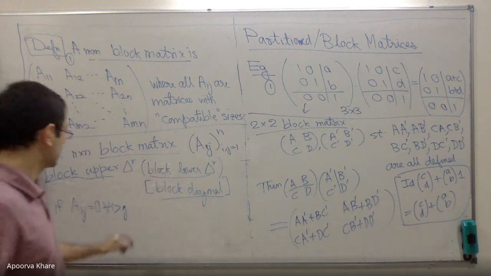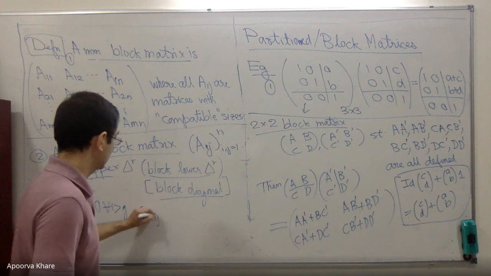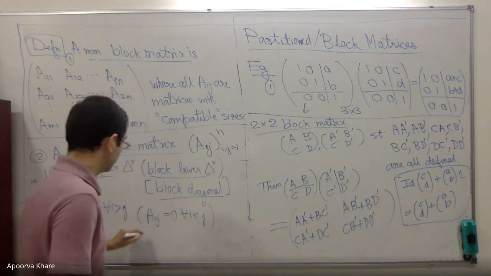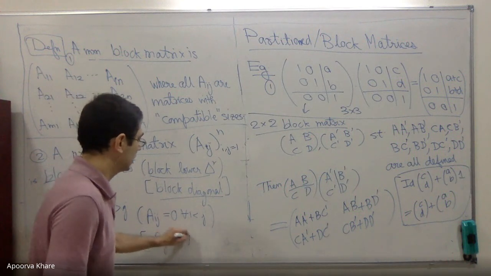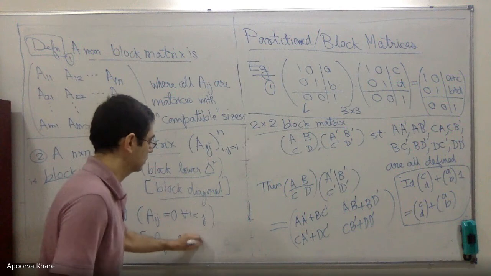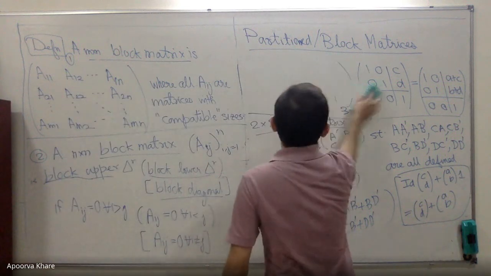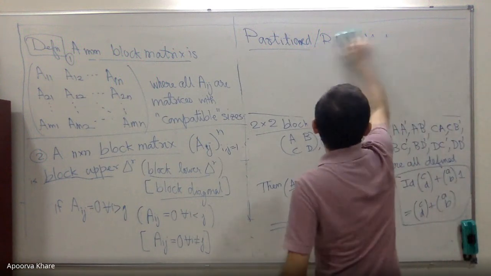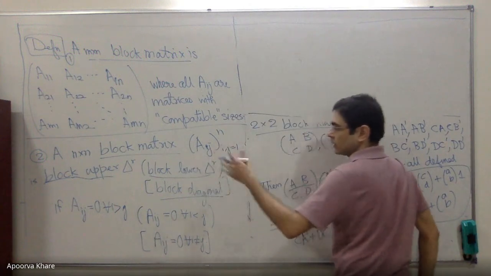Similarly, block lower triangular if Aij equals 0 for all i less than j, and block diagonal if Aij equals 0 for all i not equal to j. Okay? And then we have the standard, same results. I won't ask you to prove them, but you are allowed to use them throughout the course: homeworks, midterms, final, wherever.